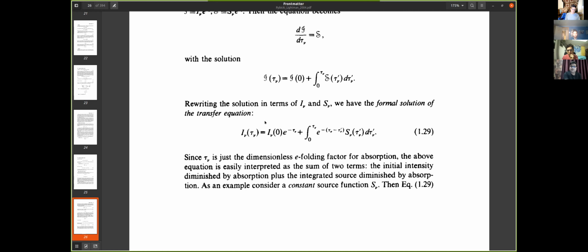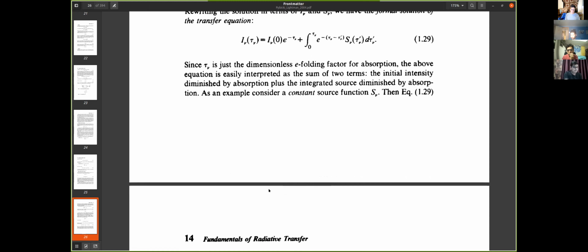So there could be some initial radiation already coming into a certain medium, and it will get absorbed, plus whatever emission is generated within the medium will also get absorbed as it passes through a certain optical depth or certain physical depth.